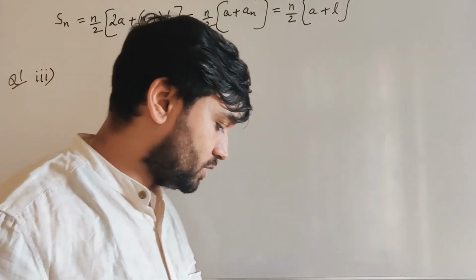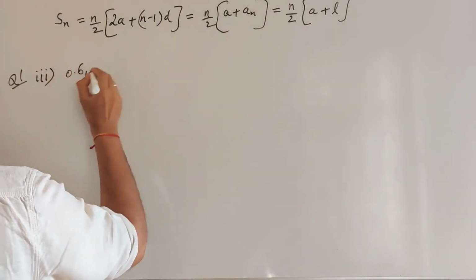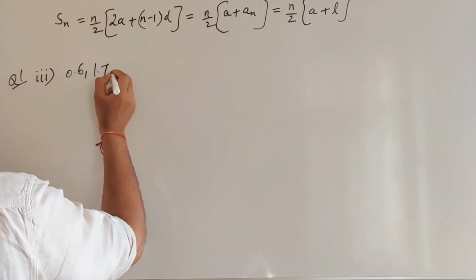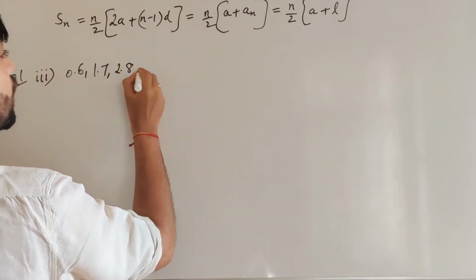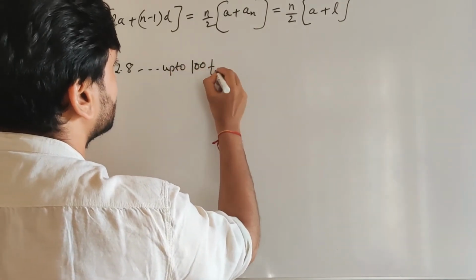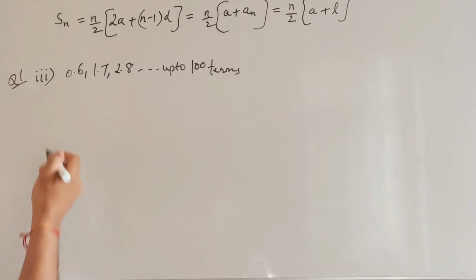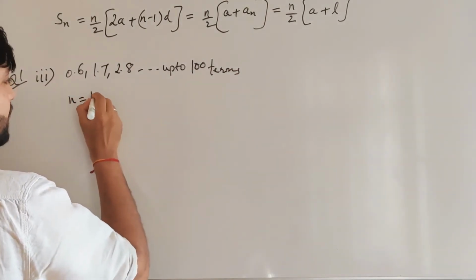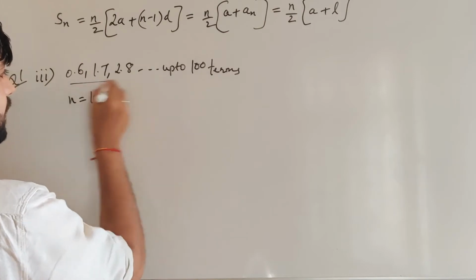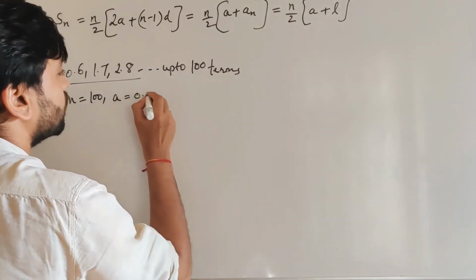The third part, the AP given here is 0.6, 1.7 and 2.8, up to 100 terms. When they give you up to 100 terms, the number of terms is 100. In this AP, 0.6, 1.7 and so on, the first term is 0.6.